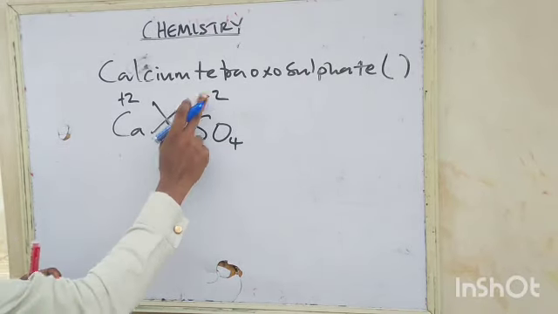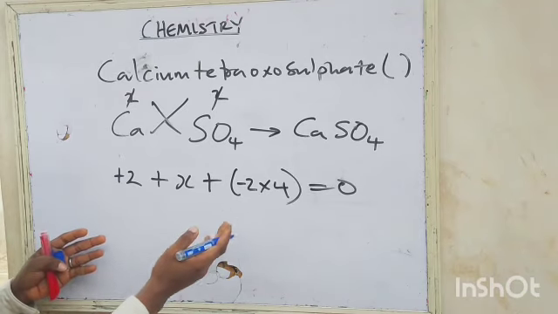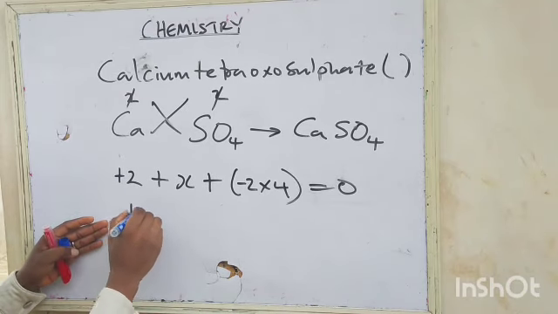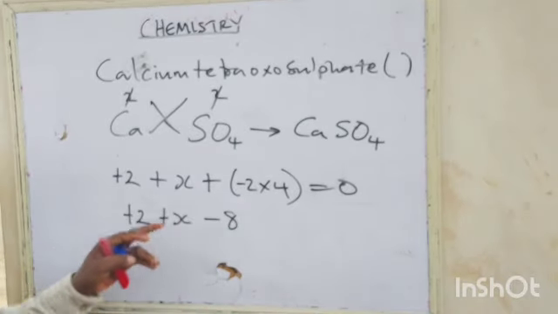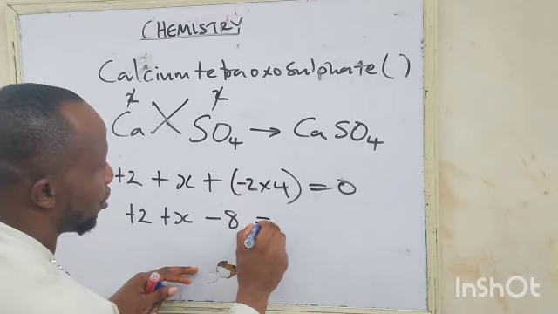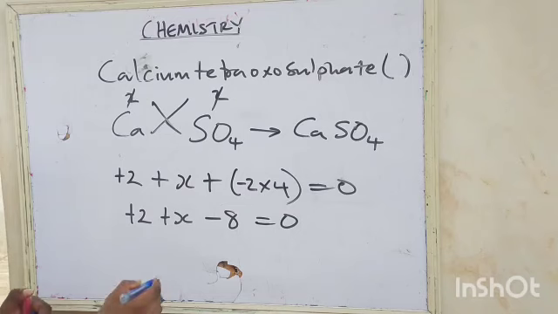Remember the octet state subtraction. -2 for oxygen, then we have 4 oxygen, times 4, all equals 0. Then we solve the mathematics: 2 plus x minus 2 times 4, that gives us -8, all equals 0.